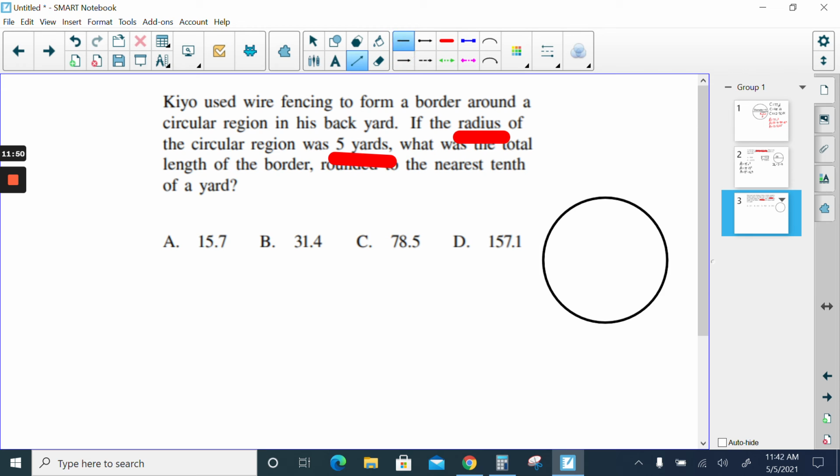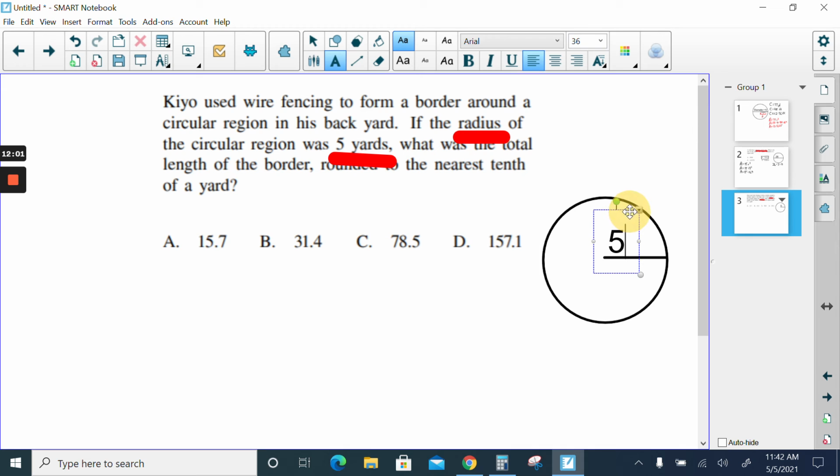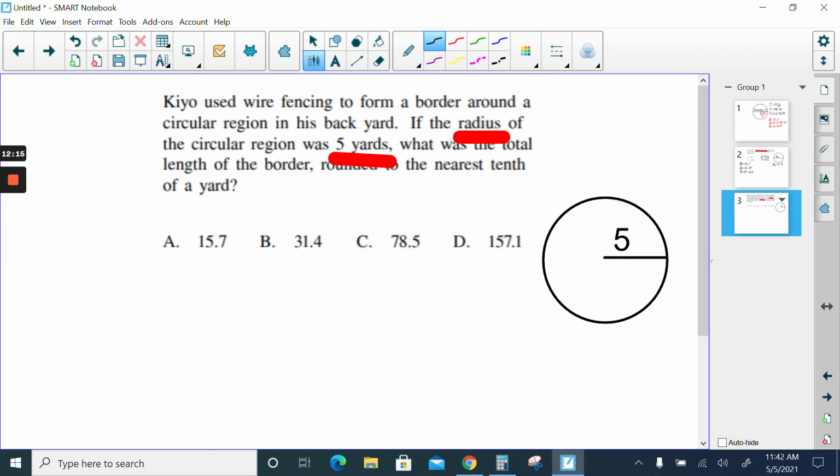So the distance going from the center to any point on the circle is 5 right here. Which would help me normally if I was dealing with area. But this time we are trying to form a border. And a border goes all the way around the outside of my circle. So this question is actually dealing with circumference.